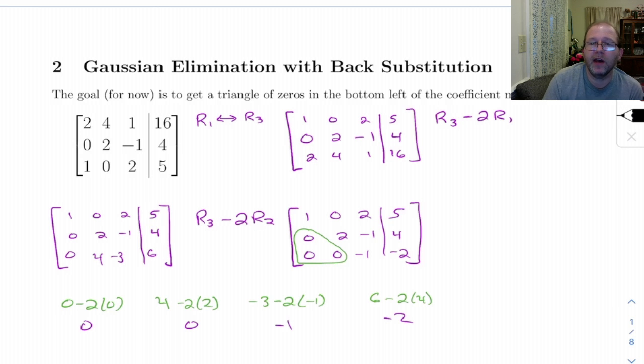All right, once we've got that, we can rewrite this as a system of equations. This bottom one is going to give me negative z equals negative 2. This is the back substitution part because we're starting here at the bottom and we're going to work our way back. Negative z equals negative 2, so that gives me z is 2.